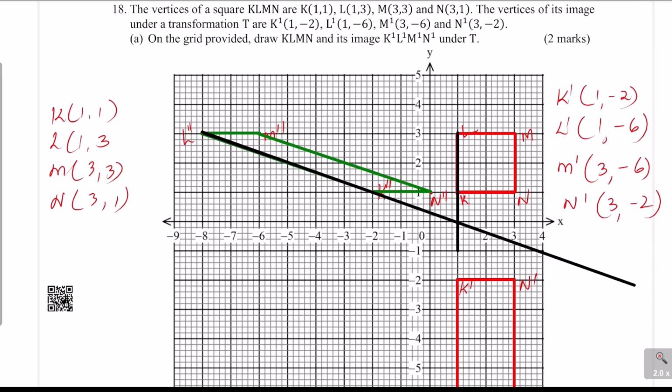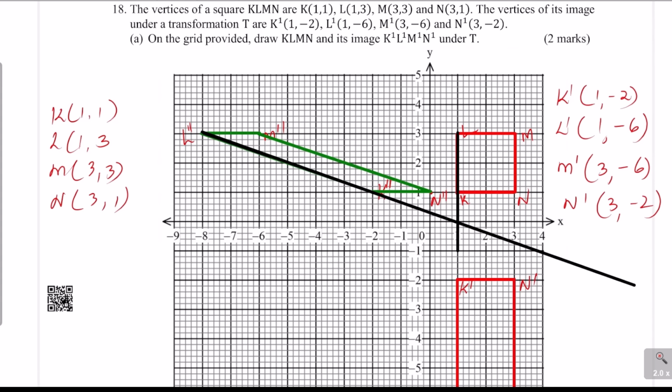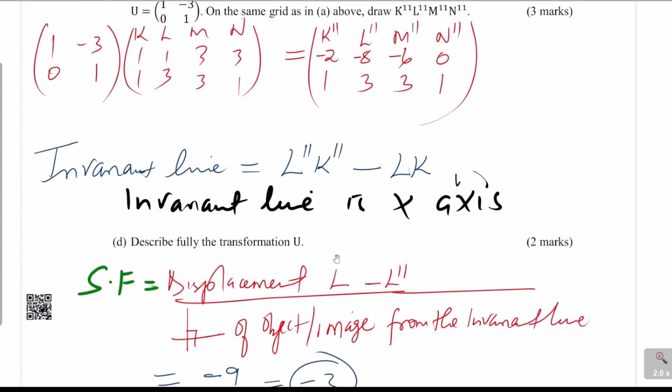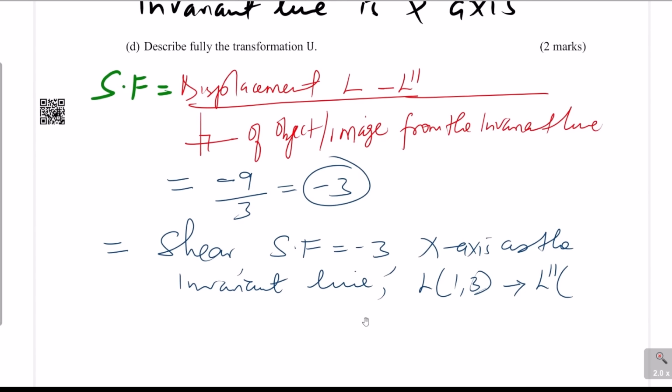Let's say I'll pick L and L double prime. So L, which is (1, 3), is mapped onto L double prime. We noted that one was what? That was (-8, 3). So (-8, 3).